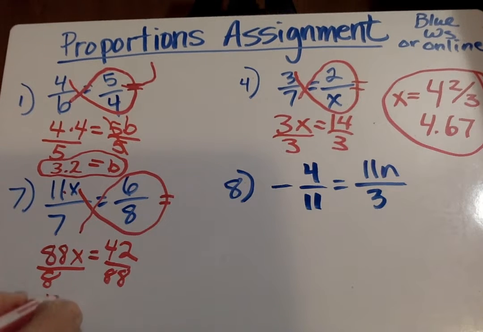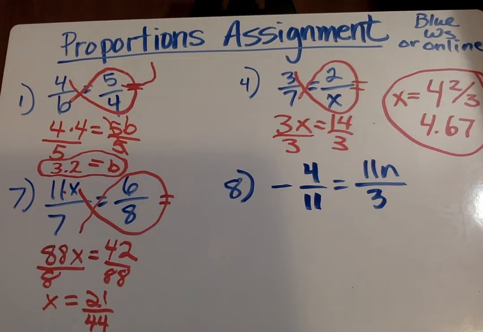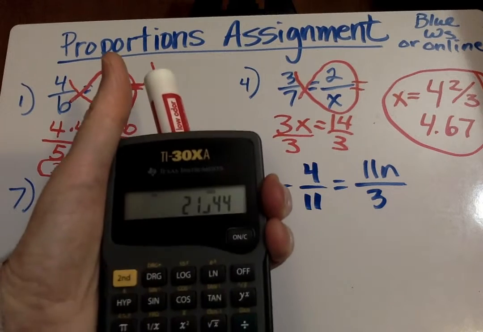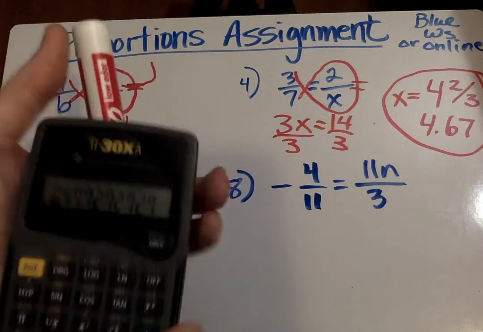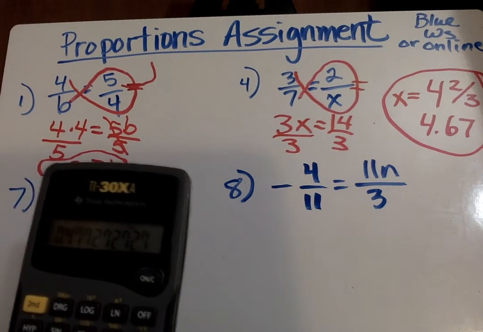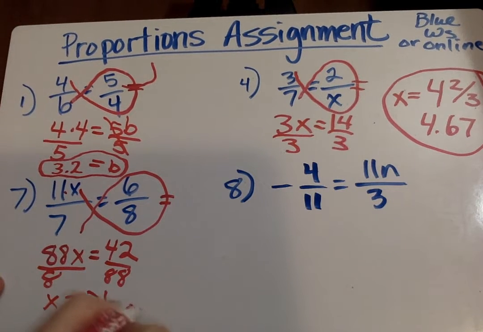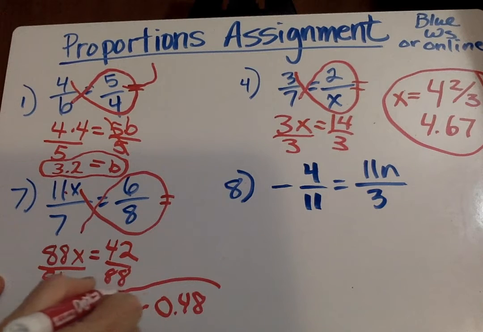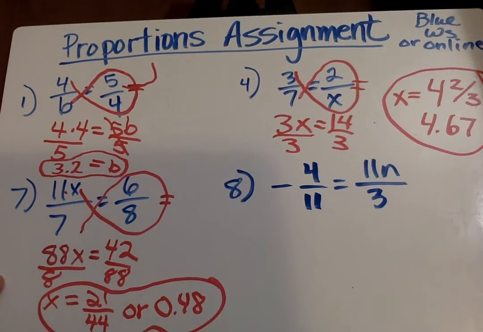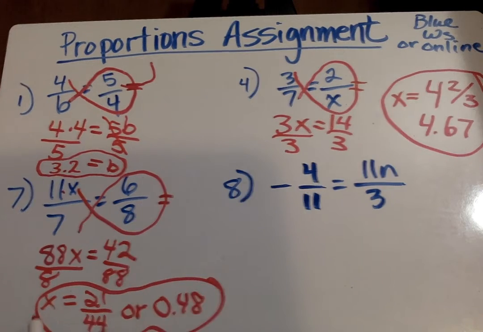So we could say x equals 21 over 44. So just divide it by 2, and it doesn't reduce more than that. If we wanted to put it in decimal form, we'd go second fraction to decimal, round to the nearest hundredth. So 0.48. And you're done. I will accept either one, so if you want to leave it in fraction form, that's fine.